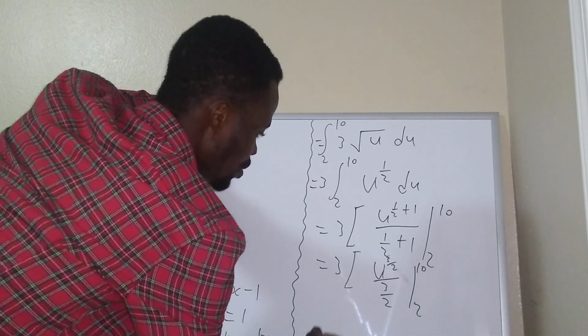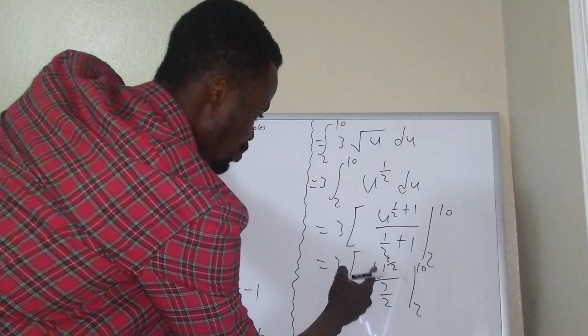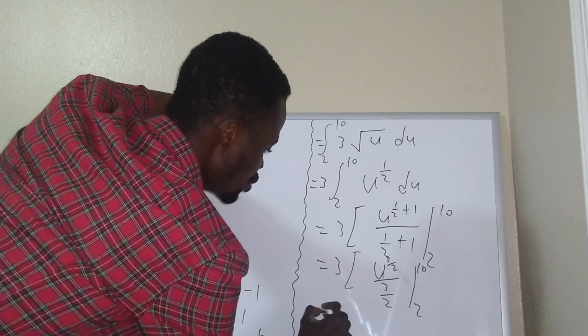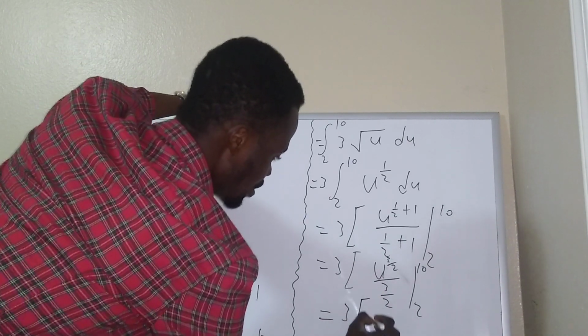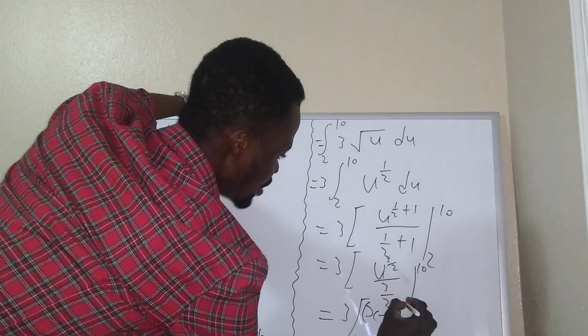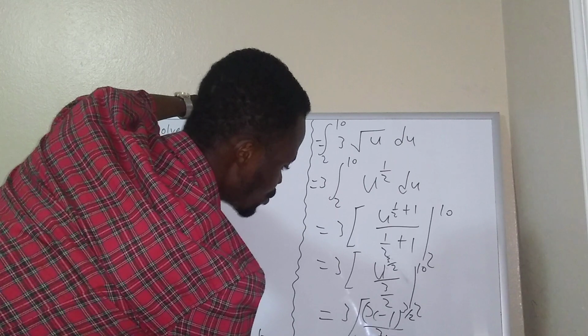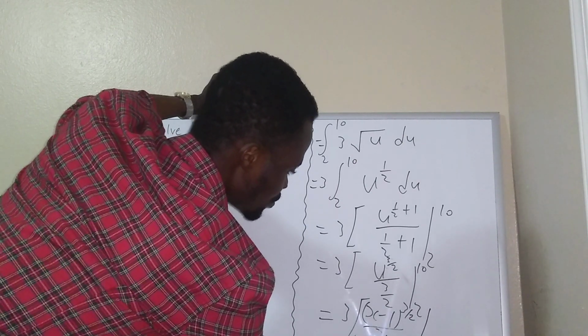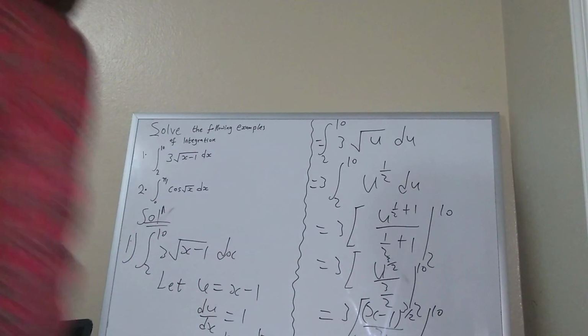What is our u? Our u is x minus 1. So we put x minus 1 into u. So you're going to get 3, then open x minus 1 raised to the power 3 on 2, all divided by 3 on 2, from 2 to 10. Okay.